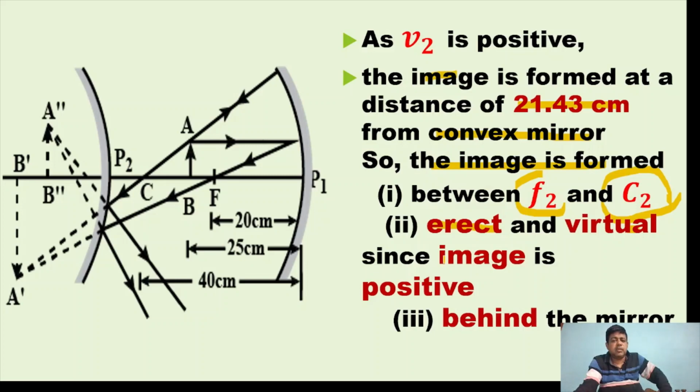Because the image distance is positive, the image is behind the mirror. This is the nature of the image found by the combination of the mirrors.